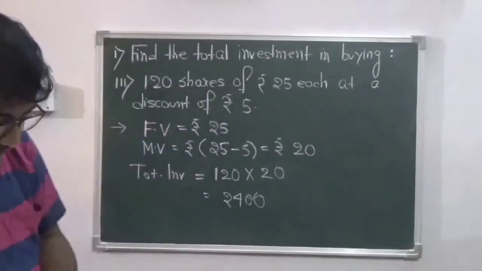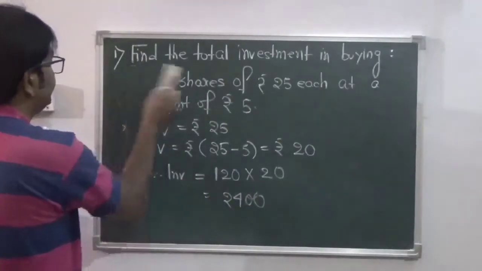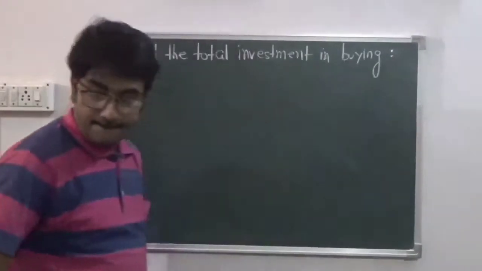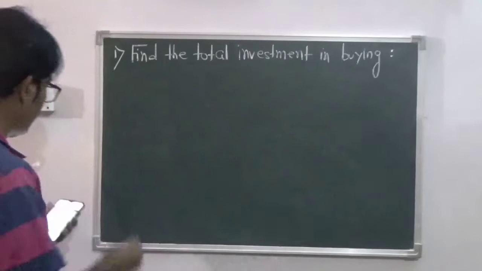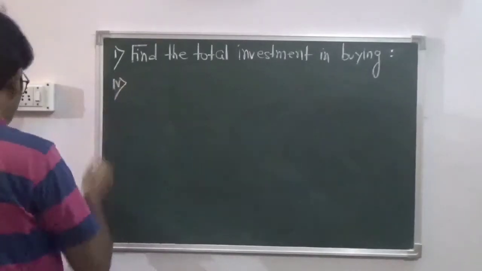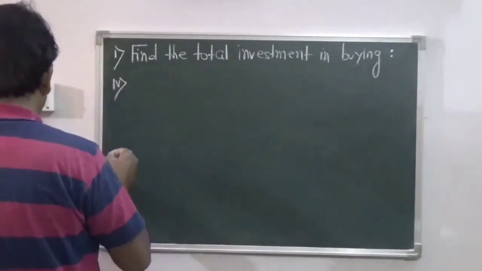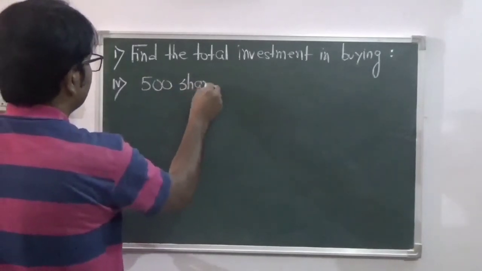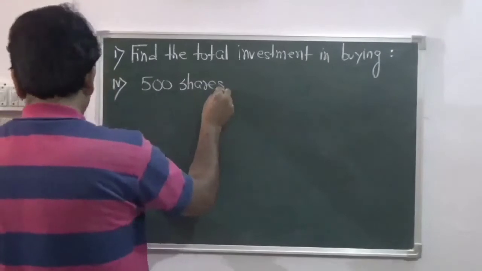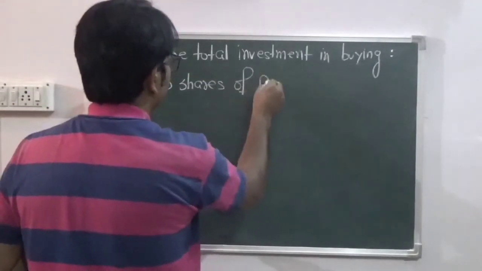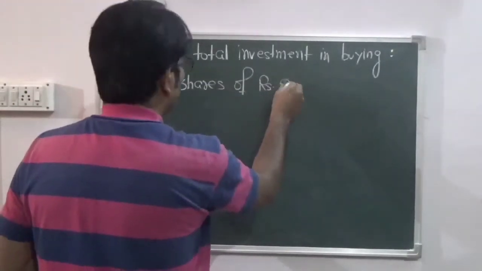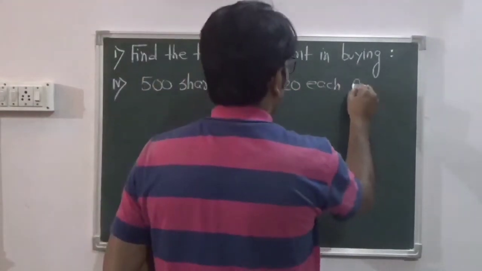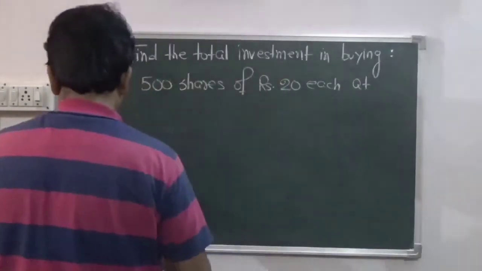Now moving on to the next one, we have number 4. 500 shares of rupees 20 each at 10% premium.